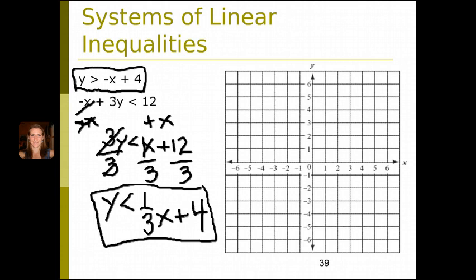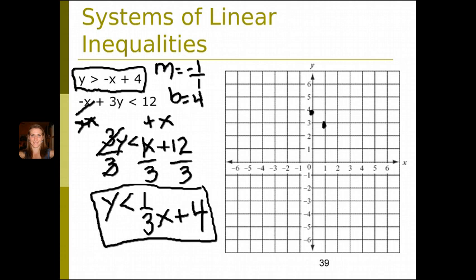I'll graph the first one. My slope is going to be a -1, and we put that over 1. My y-intercept is going to be 4. And again, my inequality symbol is greater than, so I'll use a dashed line for the boundary line. I go to positive 4 on my y-intercept, plot a point. From this point, I'll do my slope, which is a -1. I will go down 1 and to the right 1.